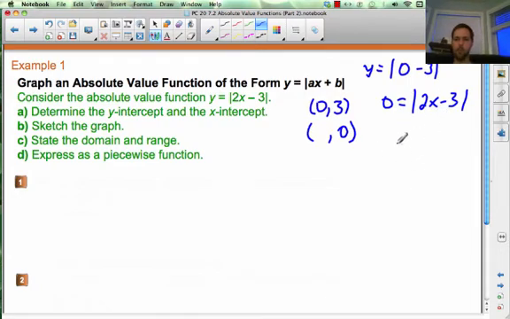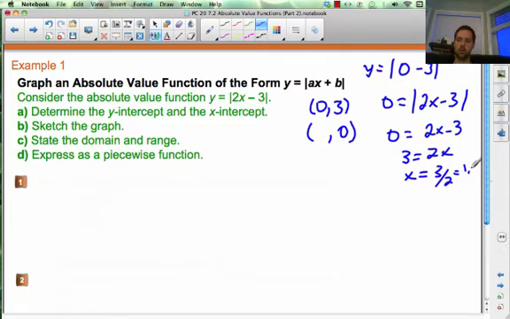If 2x is greater than 3, then this is positive, and we take the positive of this thing and solve. So 2x minus 3 equals 0, 3 equals 2x, and x equals 3 halves, or 1.5, if you like decimals.